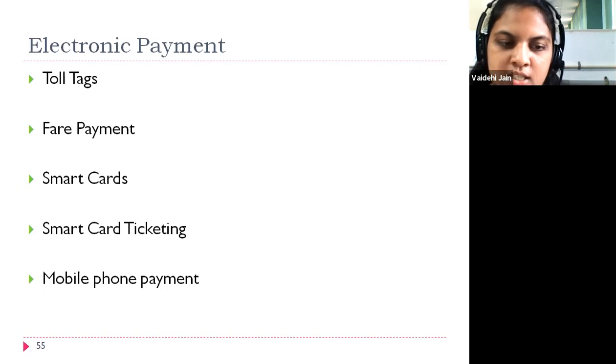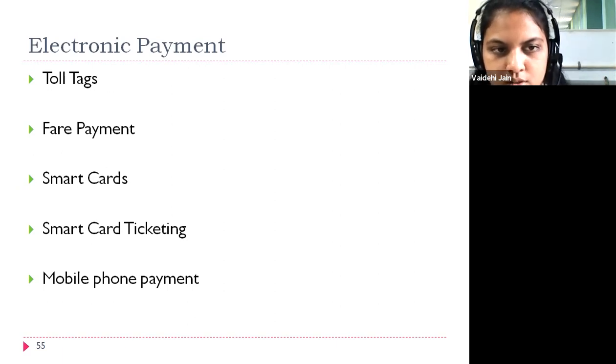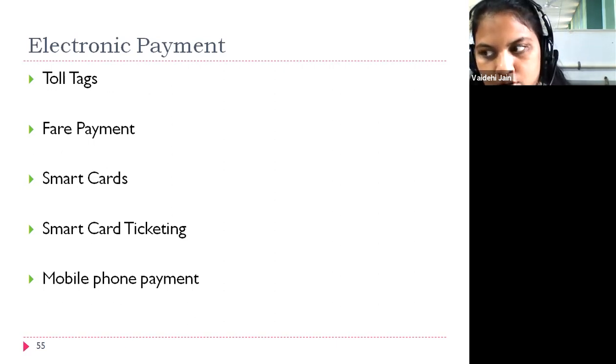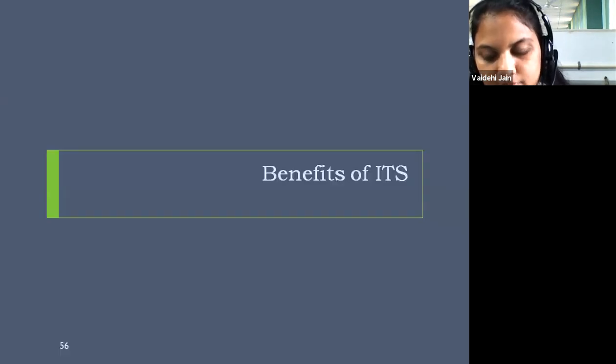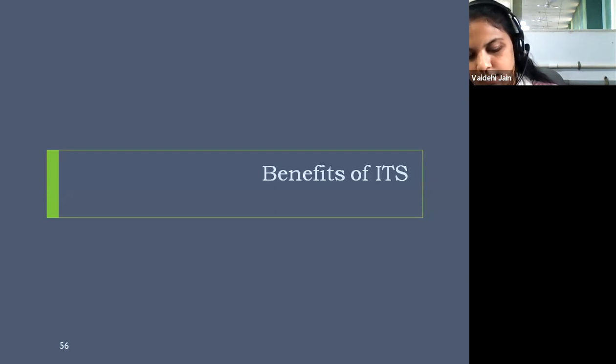These are all the payment technologies which can be used for the smooth or effective application of the intelligent transport system. Now, after all this, we can identify who will get the benefits from the application of ITS.